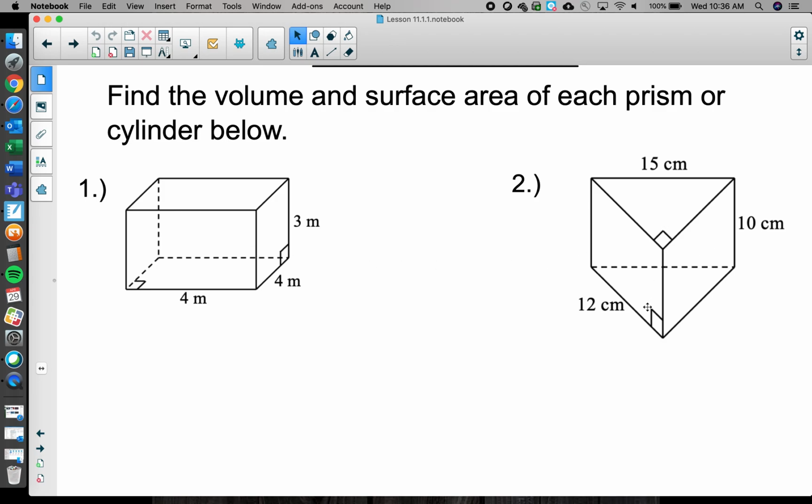Here is a triangular prism. As you work your way through that, remember, this 15, the hypotenuse, will be the same as that 15, and you'll need to find this other part. It is a Pythagorean triple, or you could use the Pythagorean theorem to find it since we have a right triangle. Again, when you're finding surface area here, you've got a triangular top, triangular bottom, and then you have 3 rectangular sides. Find the area of those 3 rectangles and add them all up.